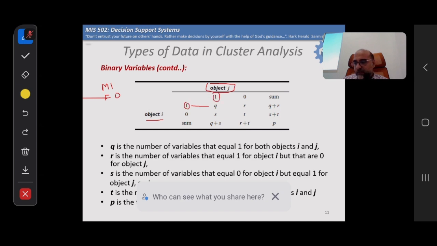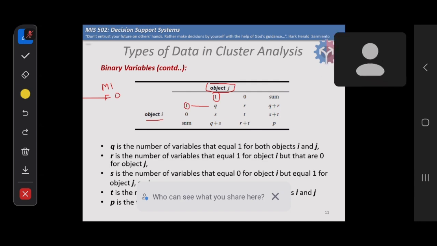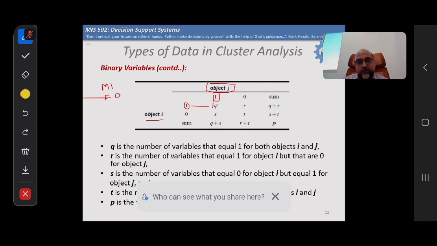Do you agree with that? Because both 1 and 1 match, the counter of Q will go up by +1. So the first two people were both male, so it goes up. But imagine if the first person was male and the second person was female, not the case as before.